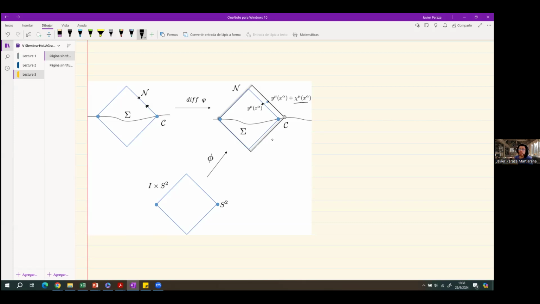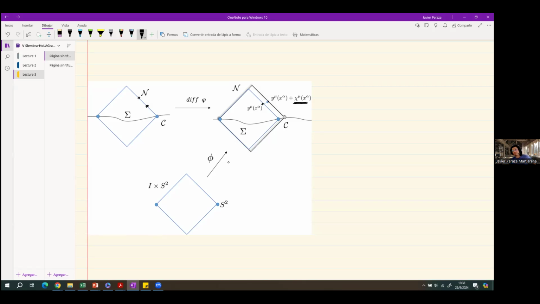So at the end of the day, the only thing that matters is this vector, and how we interpret it, whether it is coming from an embedding or a diffeomorphism, won't make a difference. Just to make clear, here in blue we have some reference embedding, and in black we have the new embedding. And the variation between those two embeddings is this chi mu.